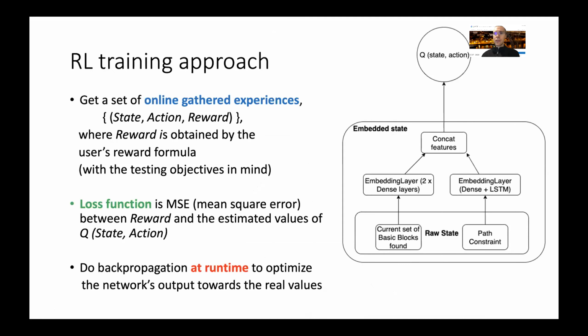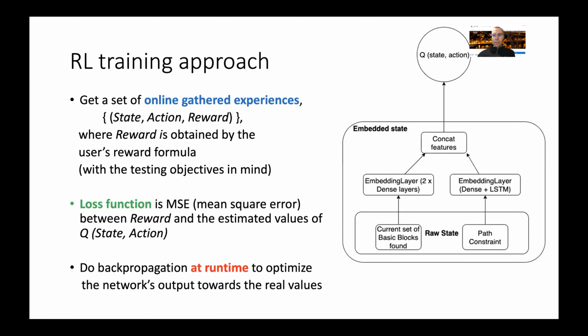And how do we train this thing? As I said, we gather online experiences by running the model against the program, obtaining new inputs, obtaining basically pairs of state actions and rewards. And then we use the mean squared error to compute the difference between the estimation value and the reward that we obtained.